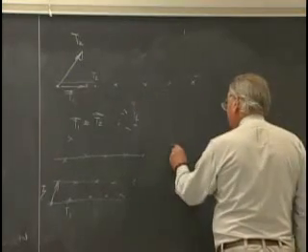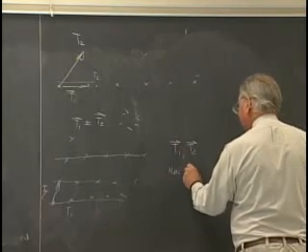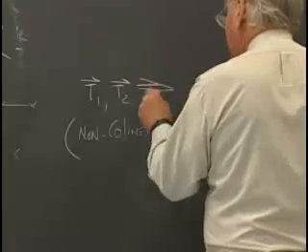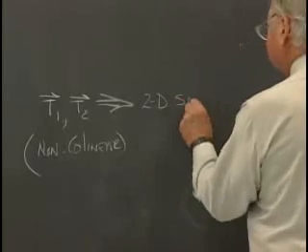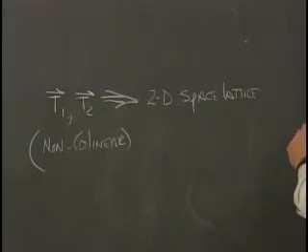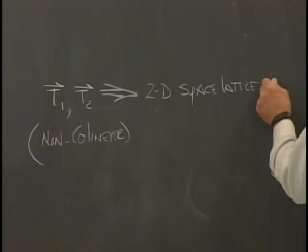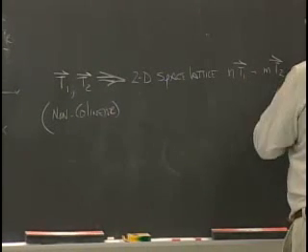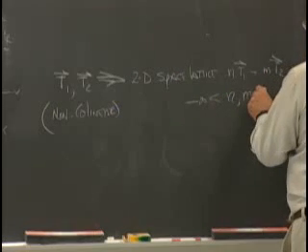So now, having taken two non-collinear translations, those translations will imply a two-dimensional space lattice in which motifs will be hung at translations nT1 plus mT2, where n, m are integers that go from minus infinity to plus infinity.